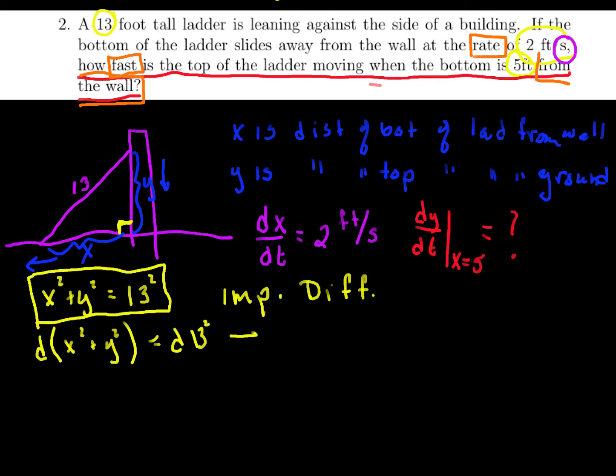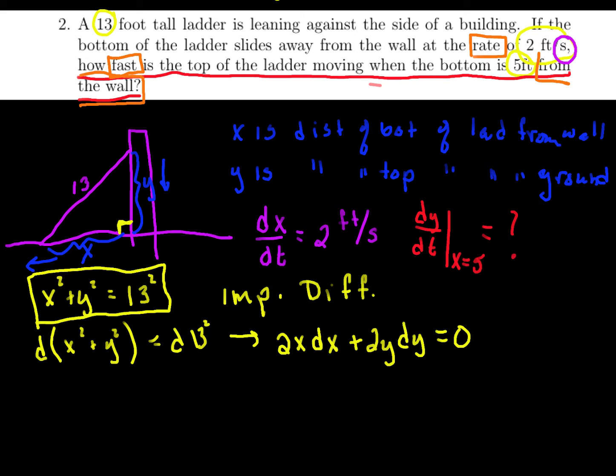So this tells me, and pushing the differential through, this distributes across addition. I've got the power rule, so I'm not going to be as detailed as maybe in previous videos. I'm going to skip the differentiation part. I'm hoping that you have become a master at differentiating, and you know that the differential of x squared is 2x dx, the differential of y squared is 2y dy, and the differential of a constant is 0.